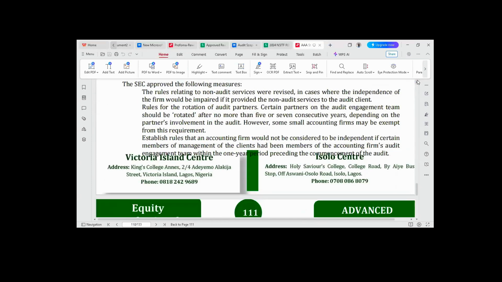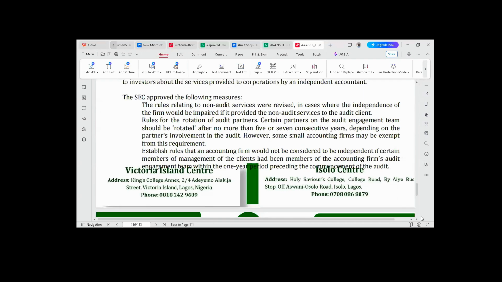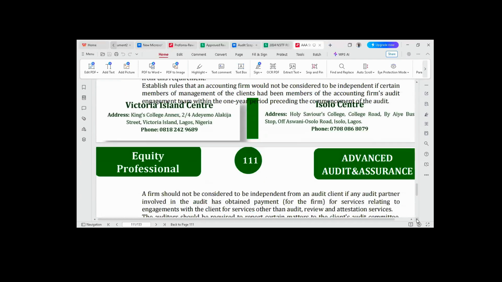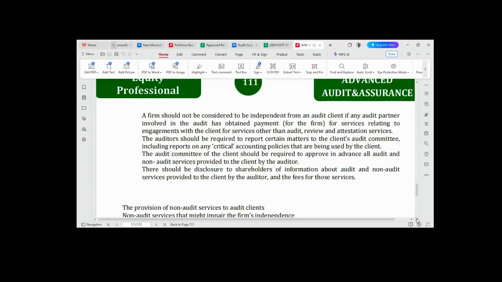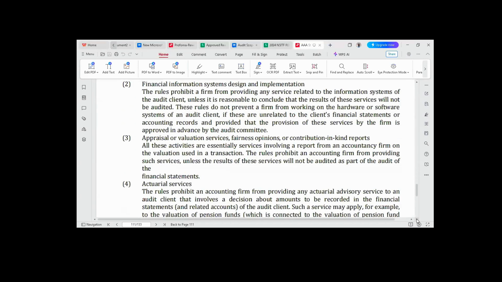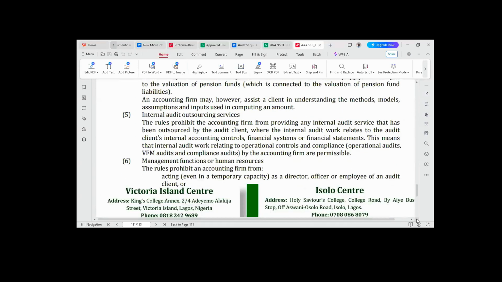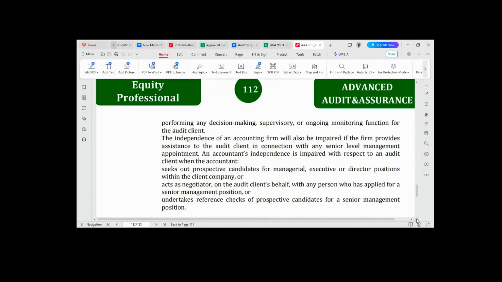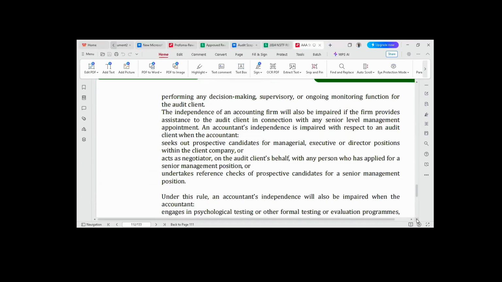Now, the second area where you can also safeguard the auditor's independence is the use of what? Audit firm rotation. What do you mean by audit firm rotation? Audit firm rotation arises where the audit firm itself resigns its engagement with the client.